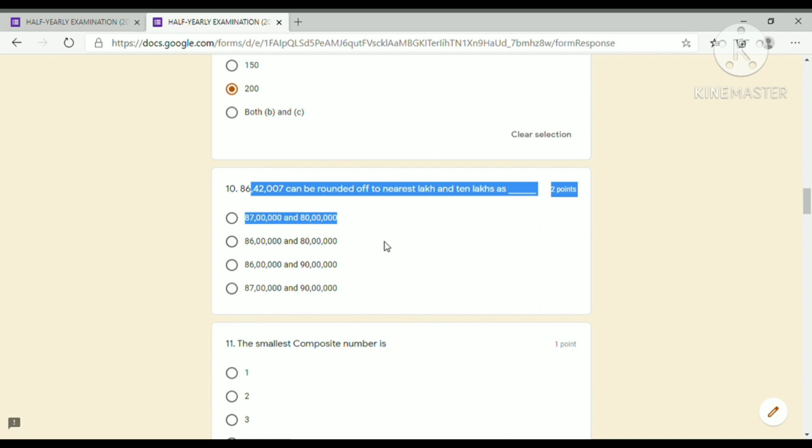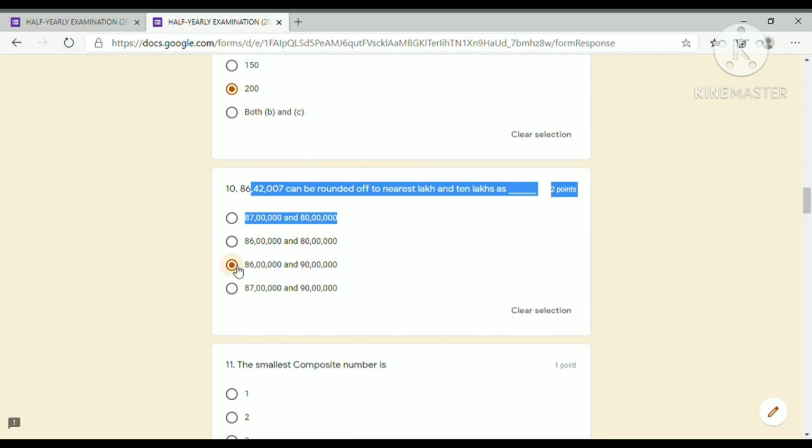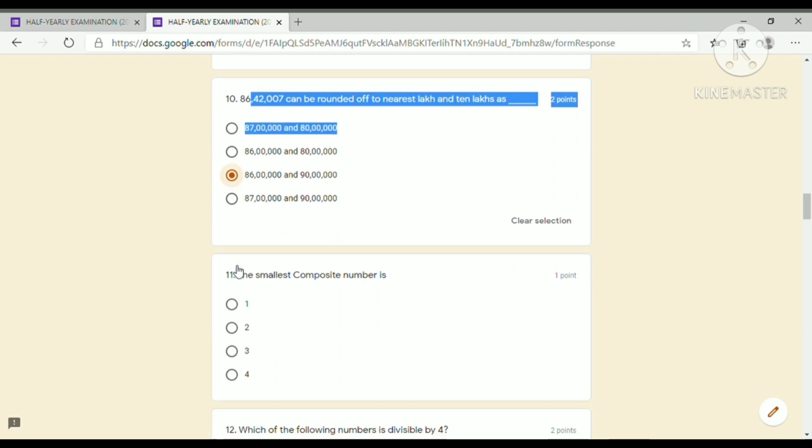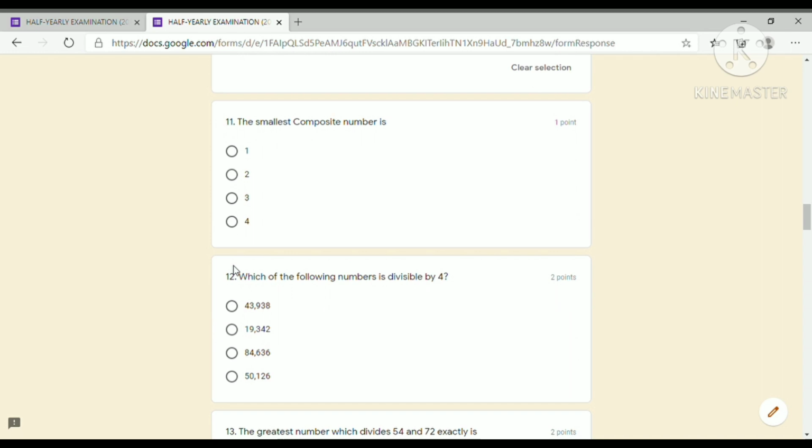So what will be the correct answer? 86 lakh and 90 lakh is the correct option. That is, when rounded off to the nearest lakh, the answer is 86 lakh, and when rounded off to the nearest 10 lakh, the answer is 90 lakh. Okay. Now comes the next question.